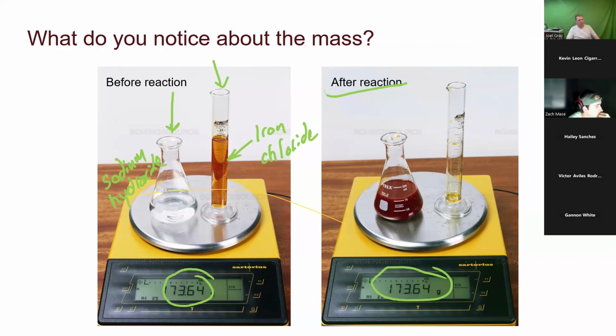So when these two substances are mixed together, what you get is iron oxide. Now, the important part about this is not necessarily the reaction that takes place and the product that's formed, but instead, what's important here is to look at the fact that a chemical reaction has taken place, but no mass is actually lost here.